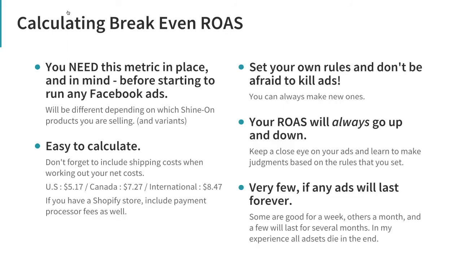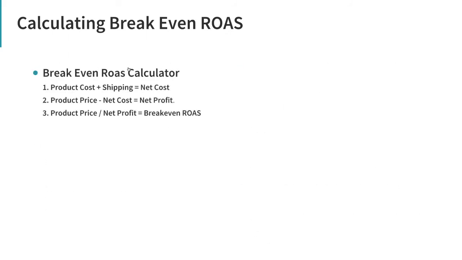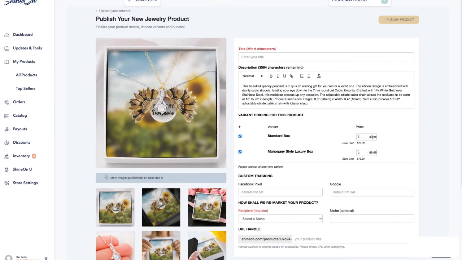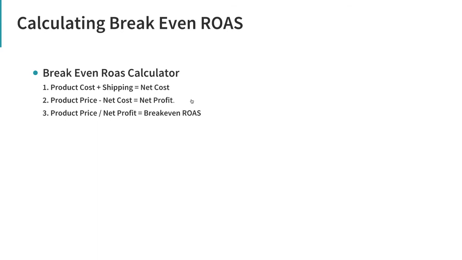Is that right? Yes. So that's your net cost. And then you need to subtract your net cost from the product price, which is, in this case, $49.95. That's how you get your net profit. And then you divide the net profit by the product price to get your break-even ROAS.